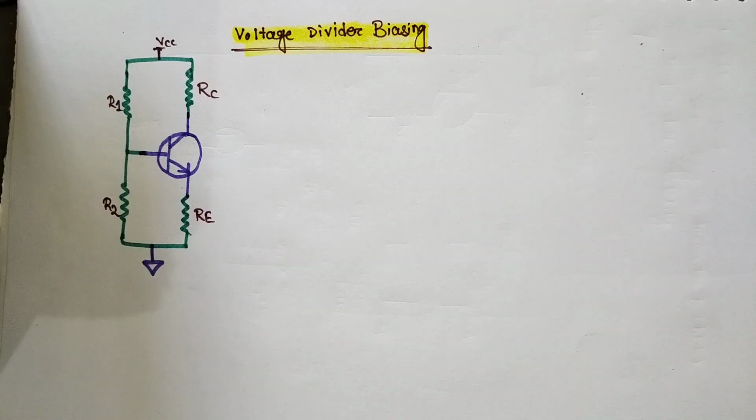Voltage divider is the most important biasing. Why is this the most important?